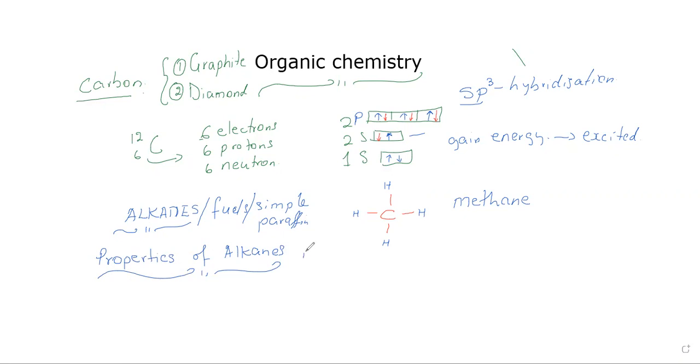Properties of alkanes. One is that they have a single bond. It's called single sigma bond. Two is saturated.